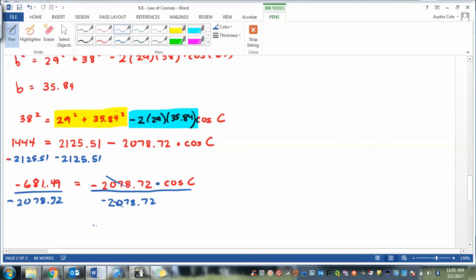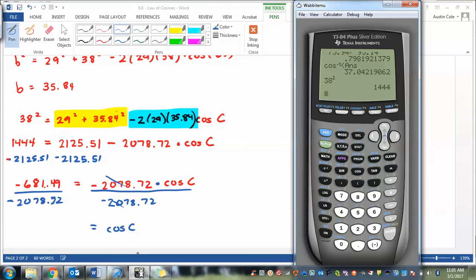That will cancel, and this is going to get me cosine of C. So if I do that in my calculator again, I'm going to do negative 681.49 divided by negative 2,078.72.